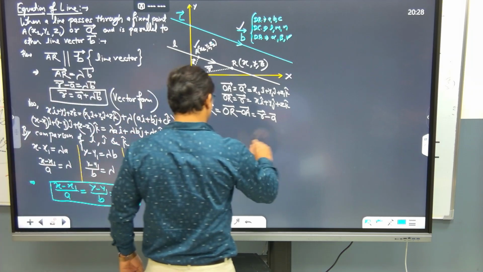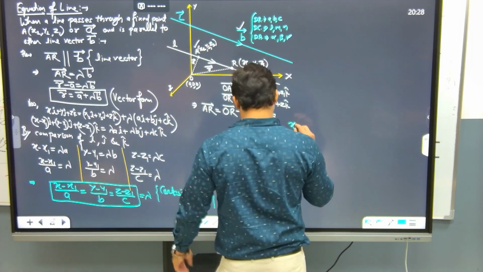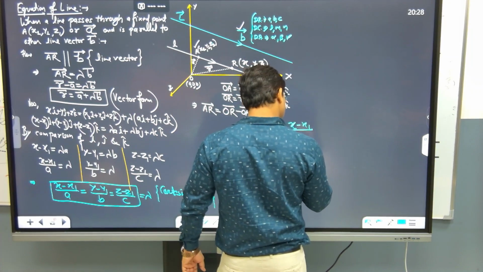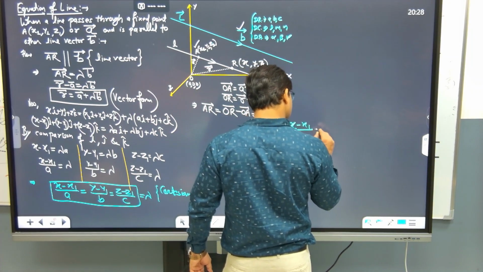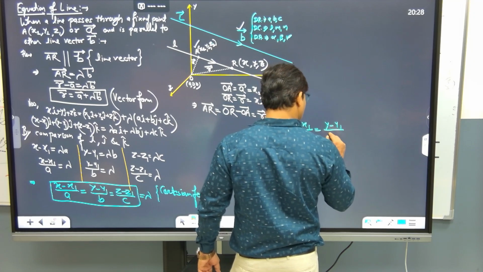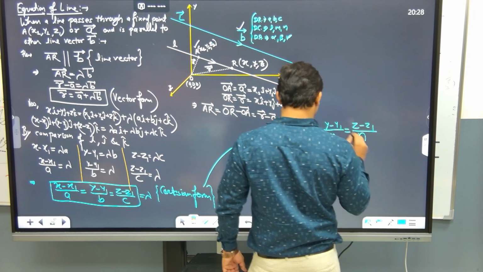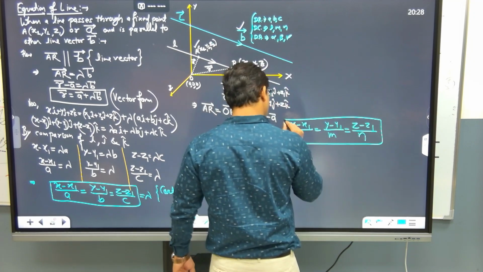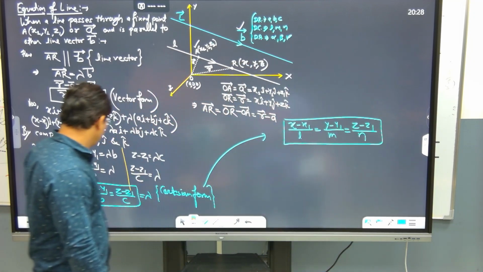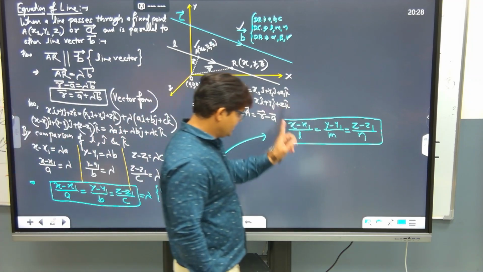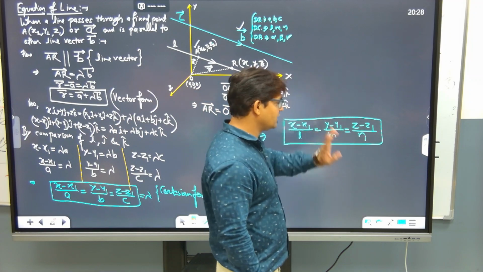In the second form, we can represent it as x minus x1 by l, y minus y1 by m, z minus z1 by n. So this is again the Cartesian form, where a, b, c are the direction ratios of the given line or a parallel line, and l, m, n are the direction cosines of the given line.